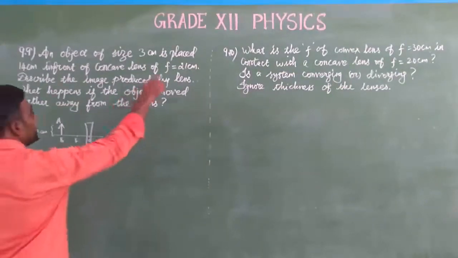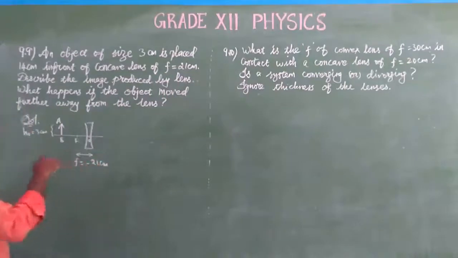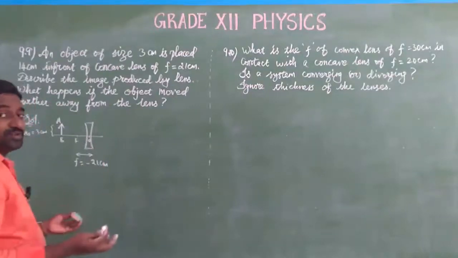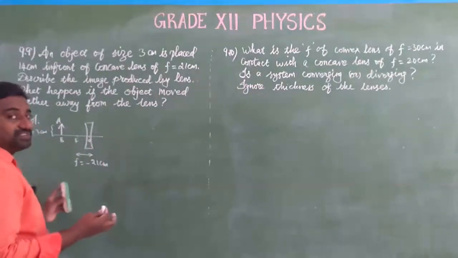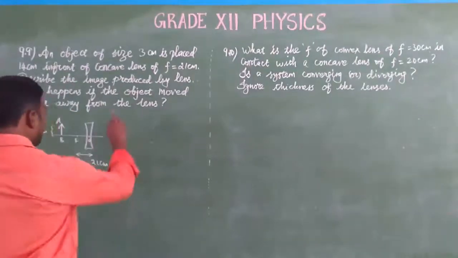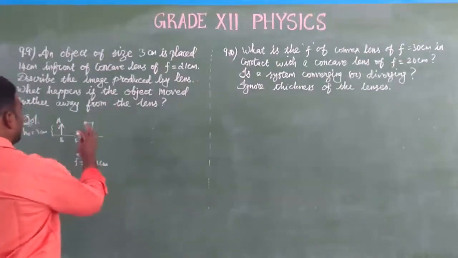The question is given as 21, but after you find it, it is minus. Diverging image only. That is a virtual image. And what happens if the object moves further away from the lens?